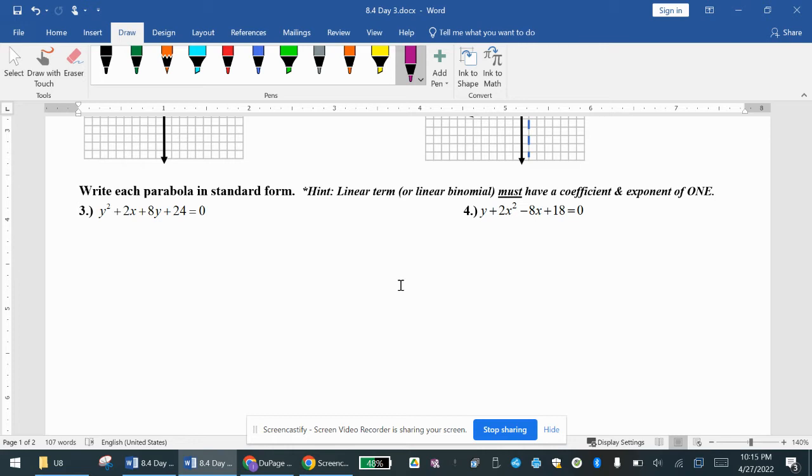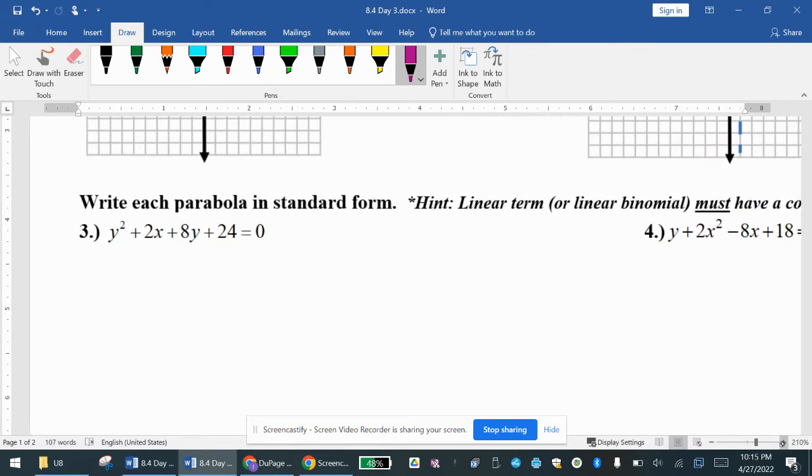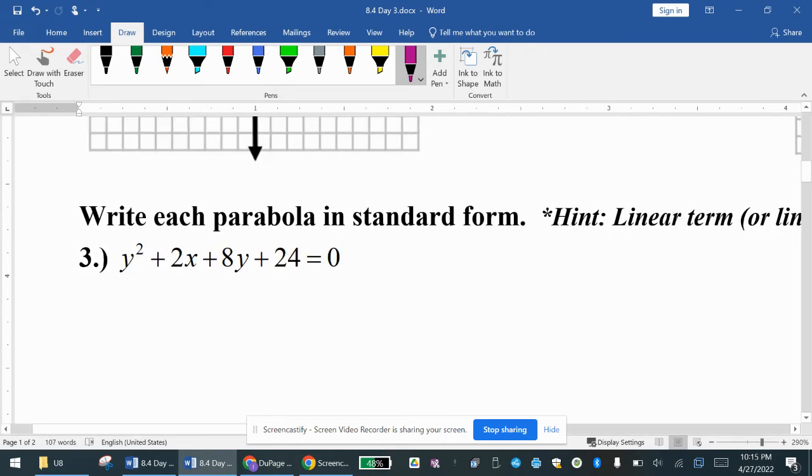So you still want to move the constant term to the other side. Let me zoom in here. Also, all the linear terms, the x's, go with the constants on one side. So I'm also going to move the 2x to the other side.